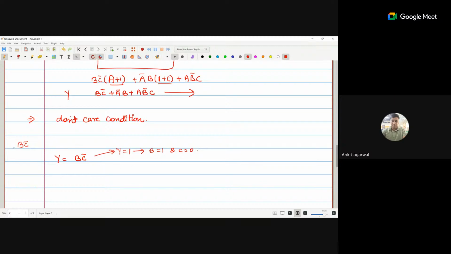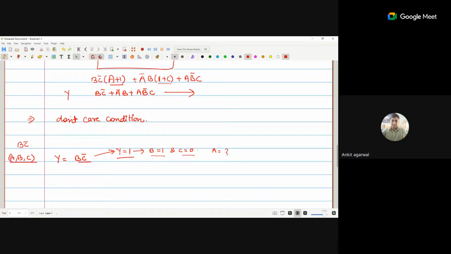We have a 3 variable equation. The expression is BC bar. We are choosing when Y is 1. So Y is 1 when B is 1 and C is 0. But what about the third variable A?